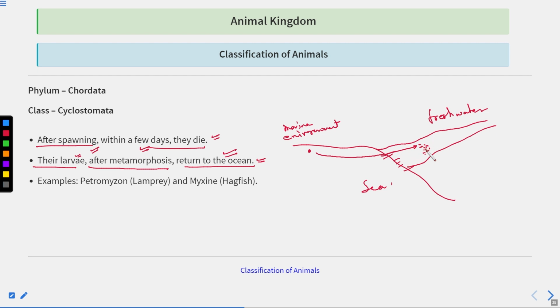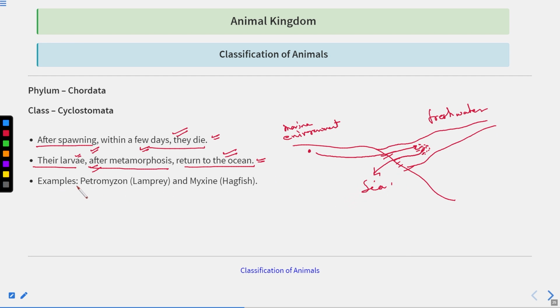The adults do not come back; they die in this fresh water. When the larvae become adults, they come to the sea. After metamorphosis, they return to the ocean.